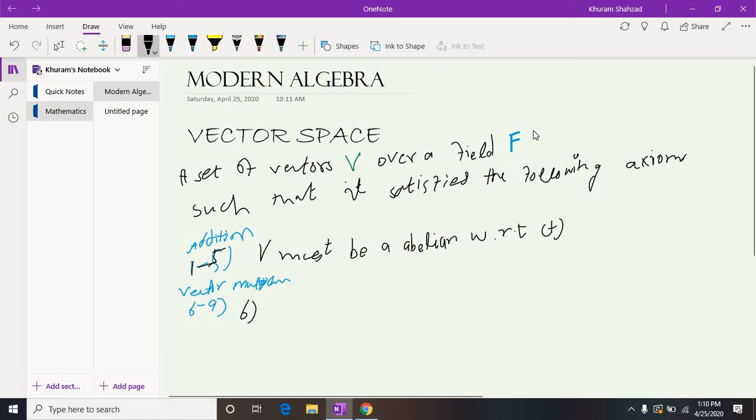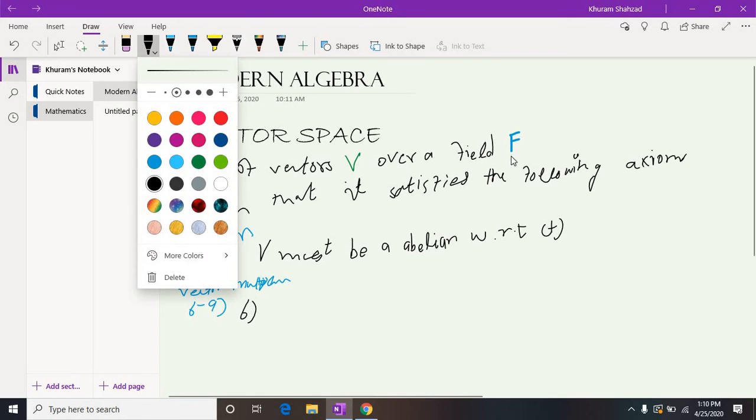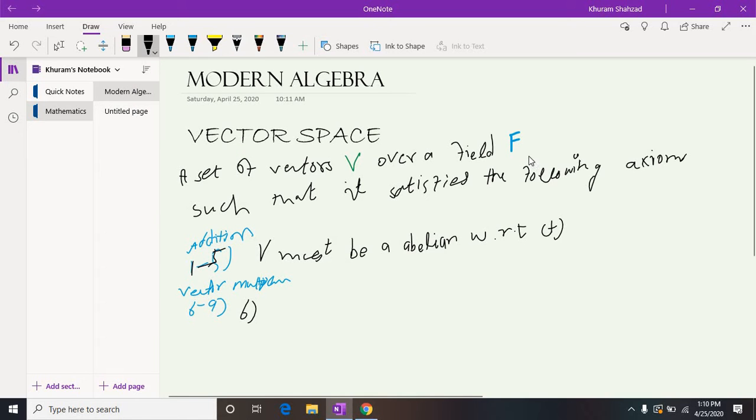One thing that I would like to mention here is that if you talk about a vector space, then the elements of the vector space will be called vectors, and the elements of the field will be regarded as scalars, and the scalars have no dimension, they are just magnitudes.